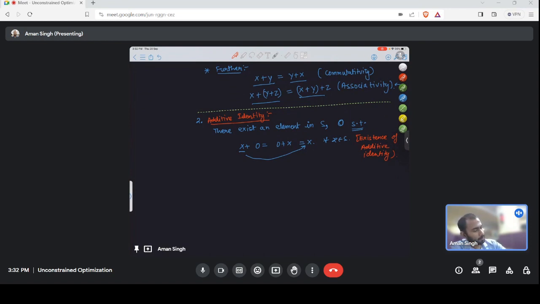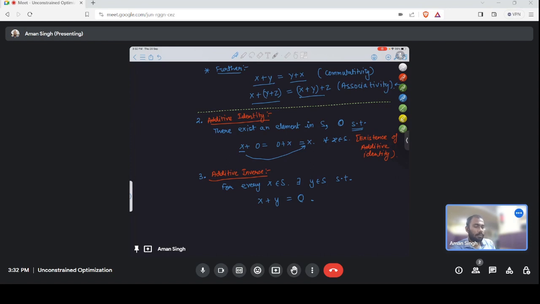Then there should be something called existence of additive inverse. So for every x belongs to S, there exists a y belongs to S such that x plus y equal to 0.